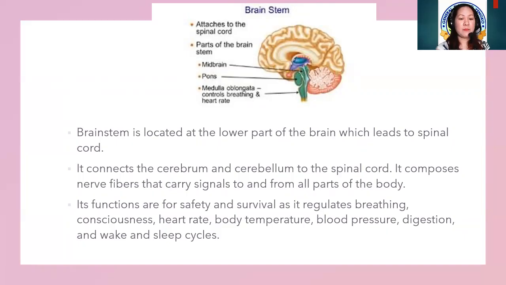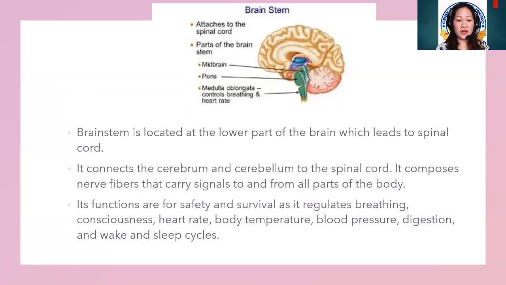It connects the cerebrum and the cerebellum to the spinal cord. And it composes nerve fibers, yung mga ugat-ugat, that carries signals to and from all parts of the body. Mga nerve fibers natin, sila yung nagdadala ng signal papunta sa lahat ng parts ng ating katawan.